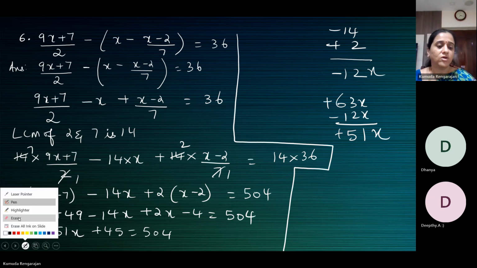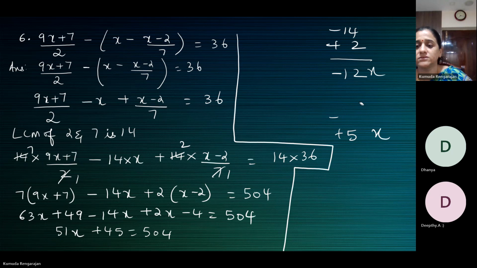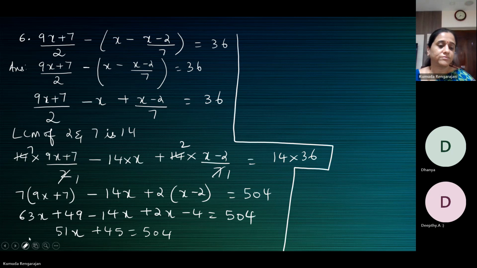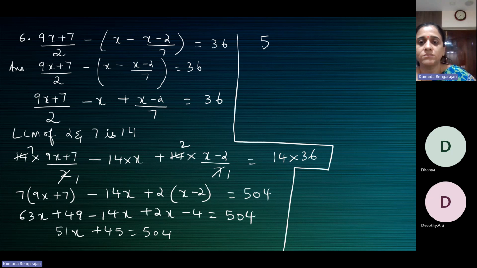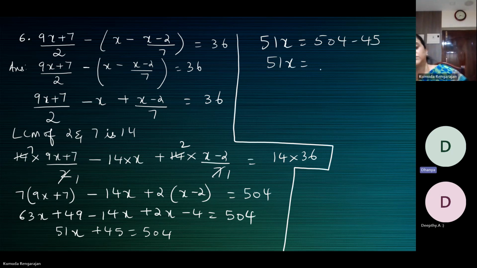Next. Okay, Danya. Continue. Come on, Danya. 51x is equal to 504 minus 45. Okay. 51x is equal to 459.